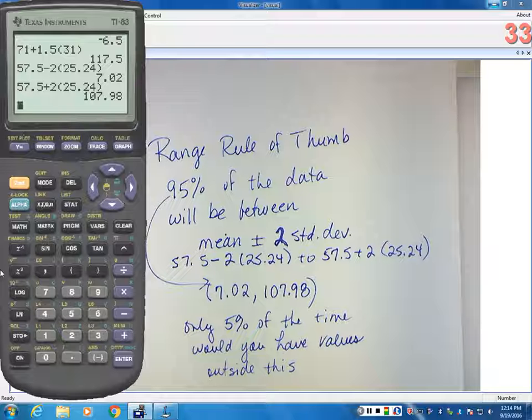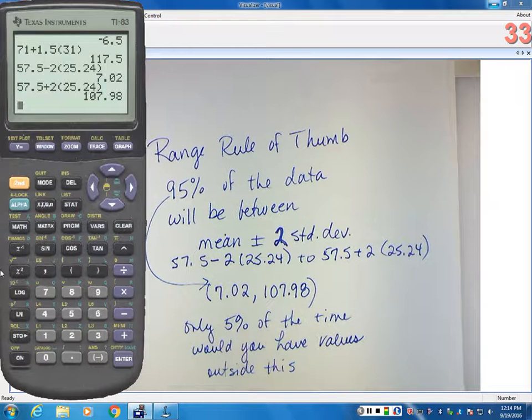And 5% in probabilities is a very low probability. You don't want to make any bets on something that only occurs 5% of the time. Okay? That's considered a very low probability, which means that any numbers outside of this range would be considered unusual, which is what an outlier is.